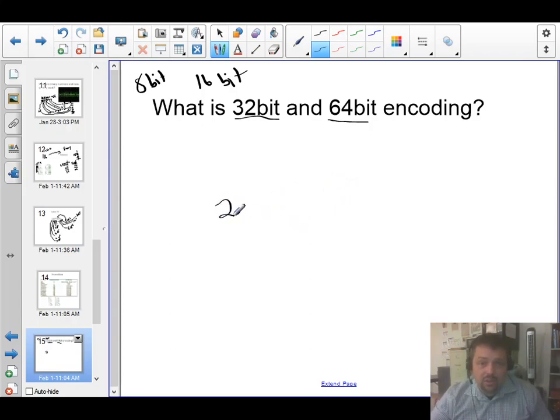So if you have 2 to the 32, if we calculate that real quick, just a big old number. Let's see here. 4,294,000,000. So let's just say 4.3 billion.